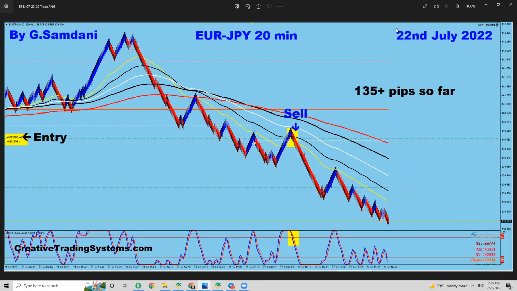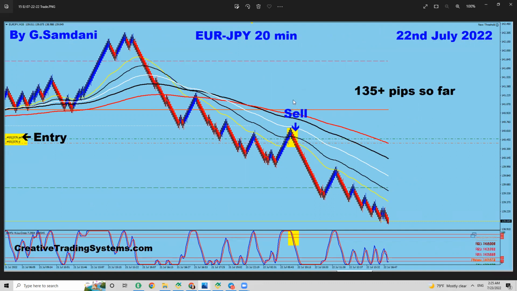On the 20th and 21st, there was no trade. Usually what happens, when you have a trade, then the price retraces. And when it retraces, the setup is not there. The price is moving against the trend, and then setups get ready, and then it goes away from the wave again.